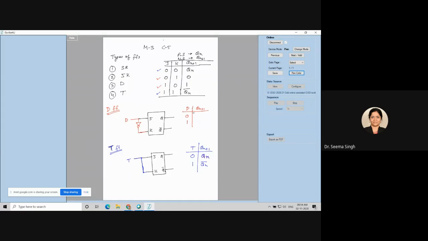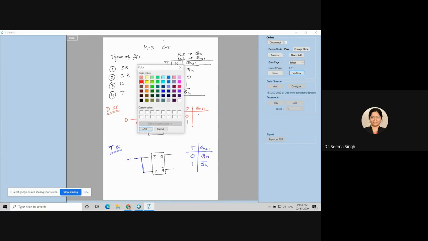And what about second and third row? Second row shows, because I am giving D to J, please remember this, D input will be going to J. So when D input is going to J, this is 0, 0 and 1. So first case when D is equal to 0, this second row is coming into picture and the output will be same as the way it is there in your JK flip-flop truth table.